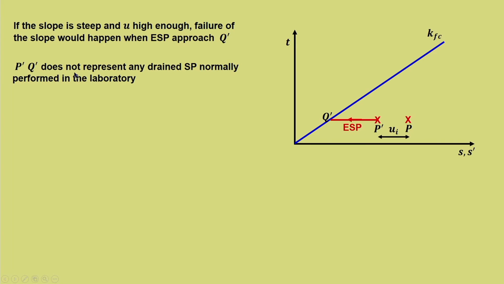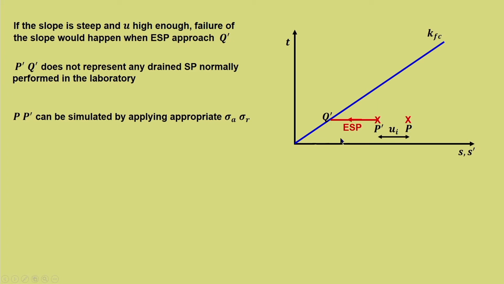The stress path followed in a triaxial compression test may not be the same as the condition that is actually existing in the field. This stress path P dash Q dash is not simulated in the lab for determining shear strength parameters. So, that difference is what we have to appreciate in this lecture.